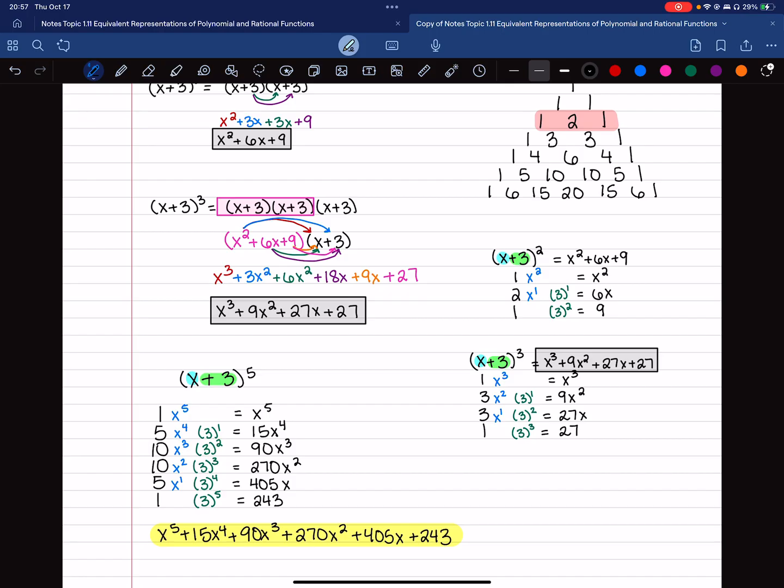So we're not going to actually expand out to the 10th power, but you may be asked, if the exponent is 10, what is the third or fourth coefficient using Pascal's triangle? And we need to be able to do that.